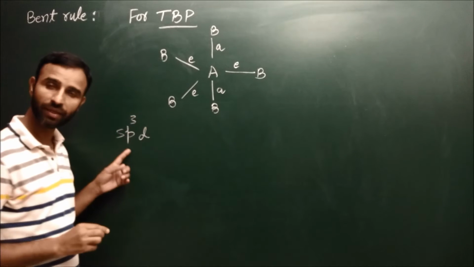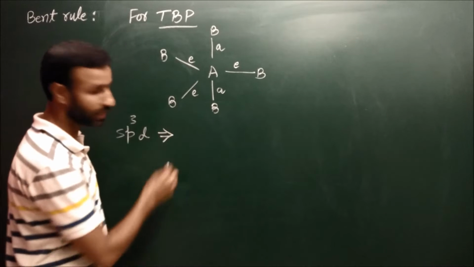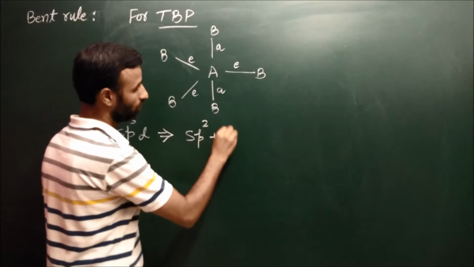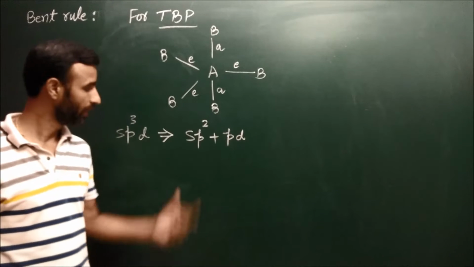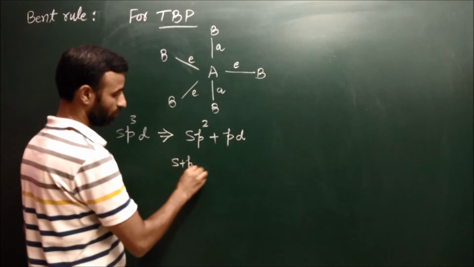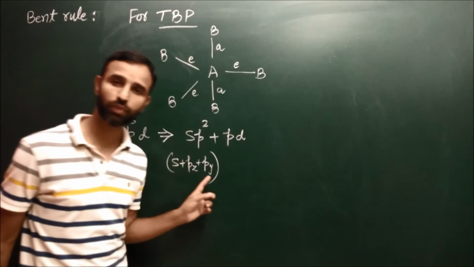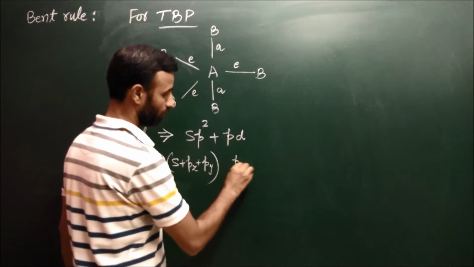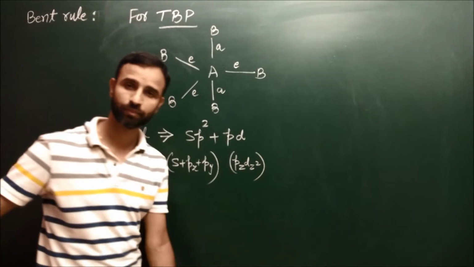It is believed that in trigonal bipyramidal, hybridization is sp3d. It is divided into two parts, sp2 plus pd. In sp2 there is s orbital and px, py, and in pd there is pz and dz square.